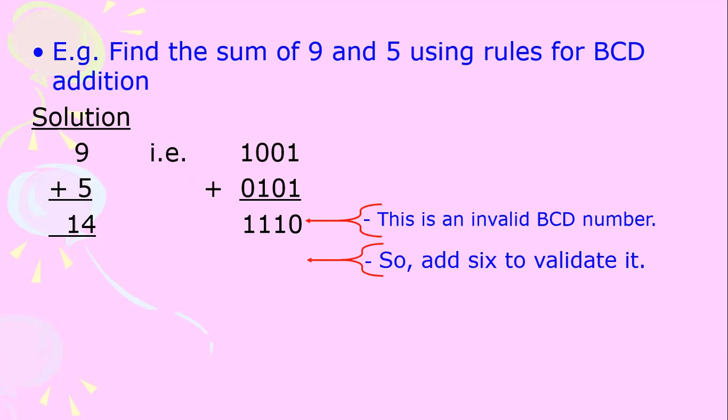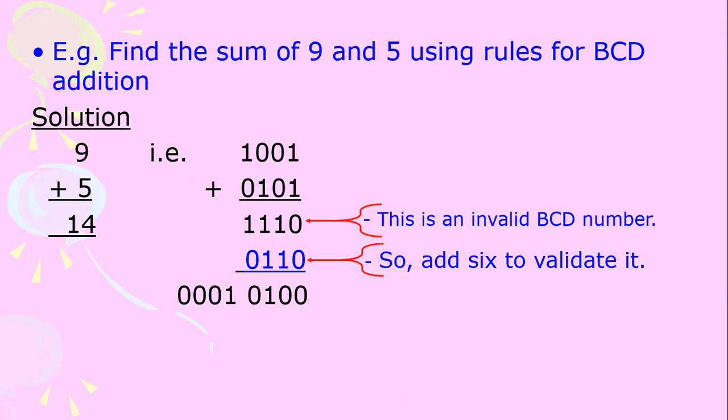We add 6 to validate it. So we add the binary equivalent of decimal number 6 to our answer, and that is, we add 0, 1, 1, 0 to our result. Which gives us 0 plus 0 is 0. Then 1 plus 1 is 0, carry 1.